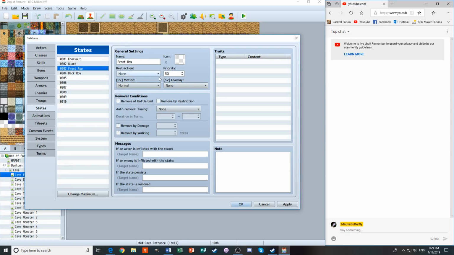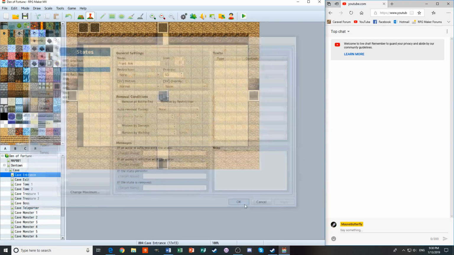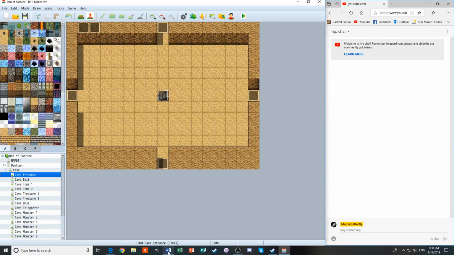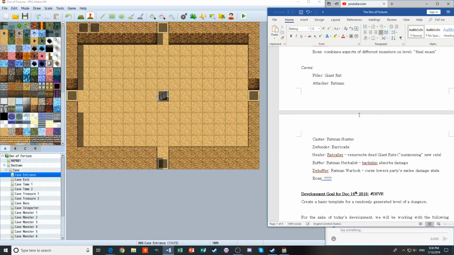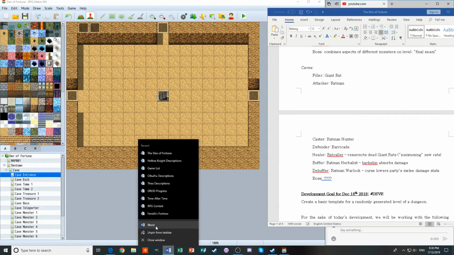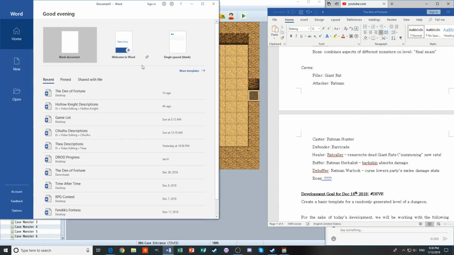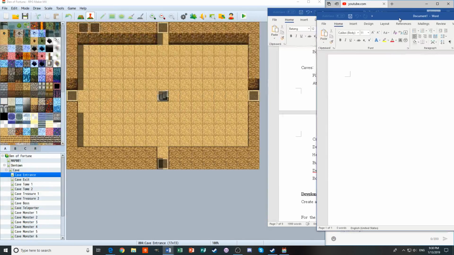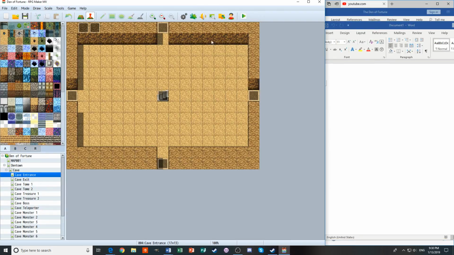Right, we're not going to worry about any of these. Okay. Oh, got a lot of documents I've been doing on this computer.